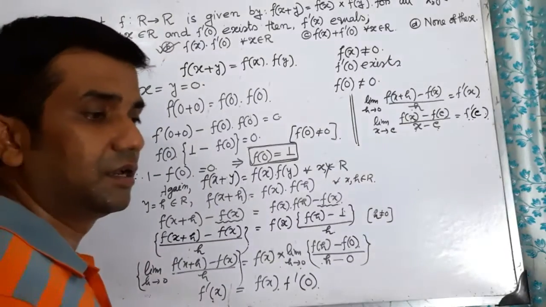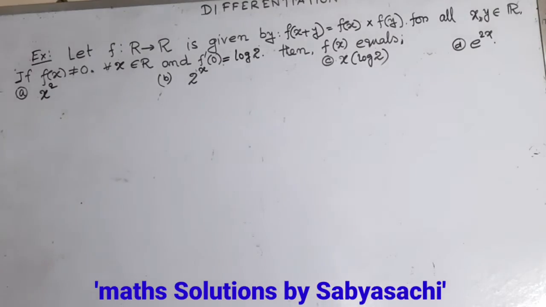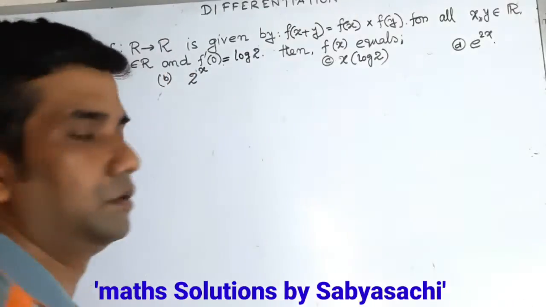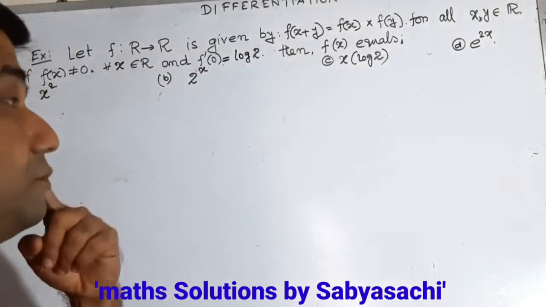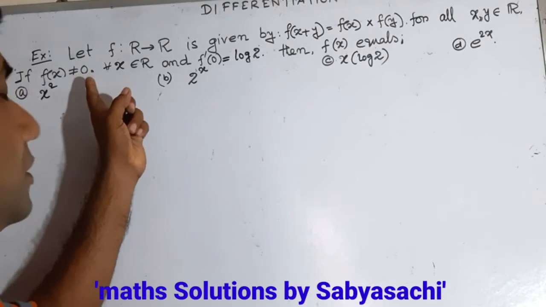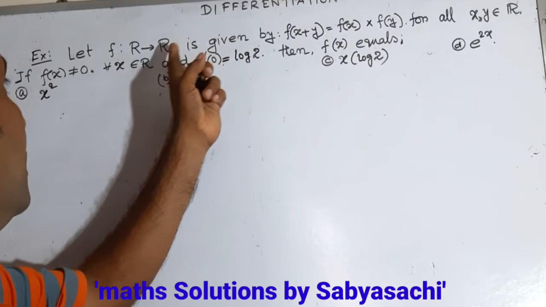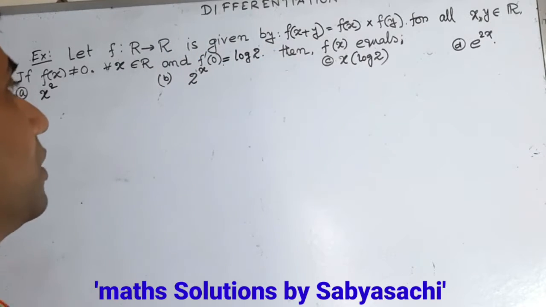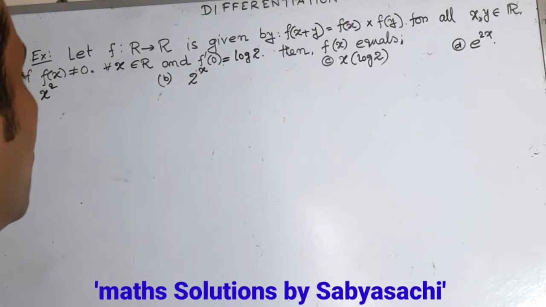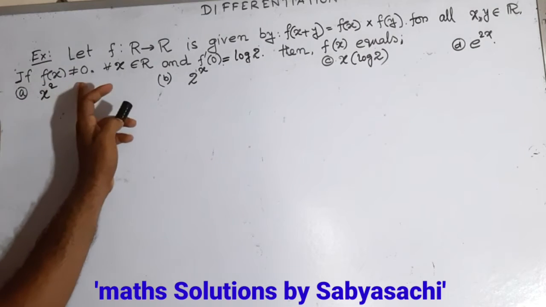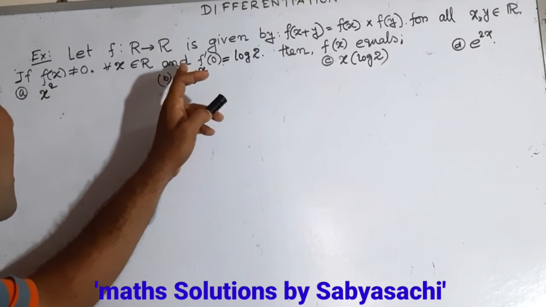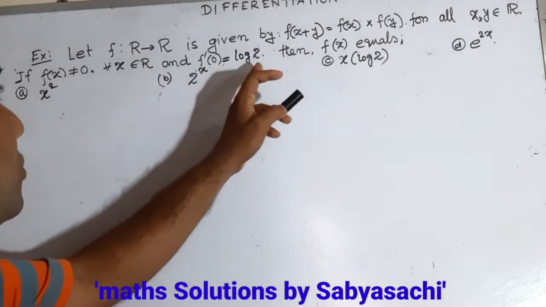Next, this is also a similar problem. Let f from R to R be given by f of x plus y is equal to f of x into f of y for all x, y belongs to R, and f of x not equal to 0 for all x belongs to R, and f dash 0 is equal to log 2.